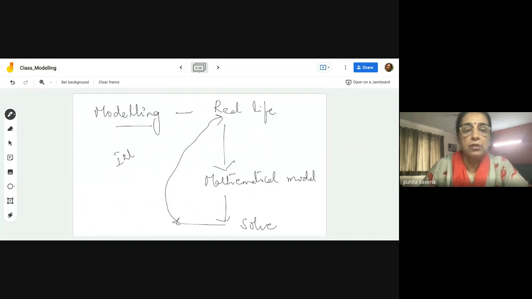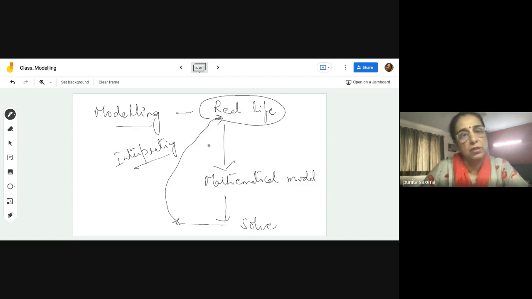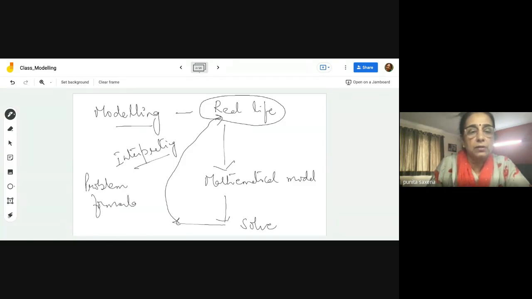Whatever solution we obtain, we interpret in terms of the real life problem that was given to us. So the very first step when we are solving any modeling problem is what we call problem formulation, how we are forming a problem.